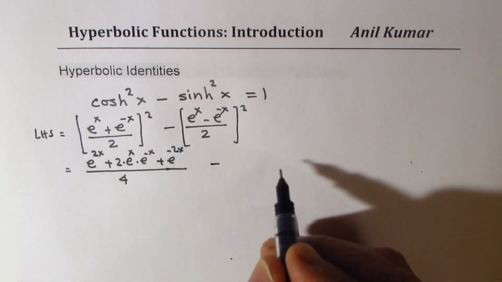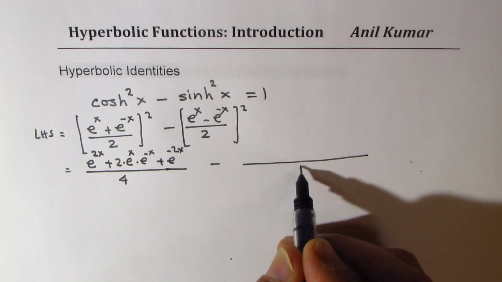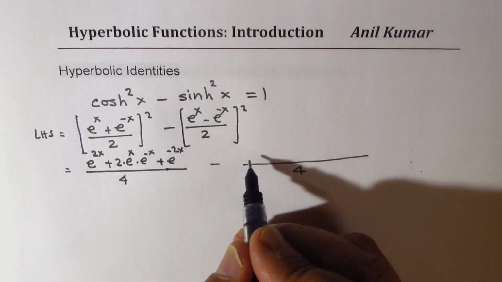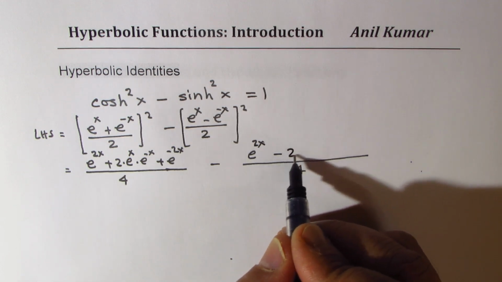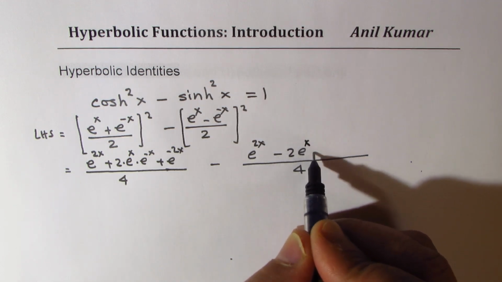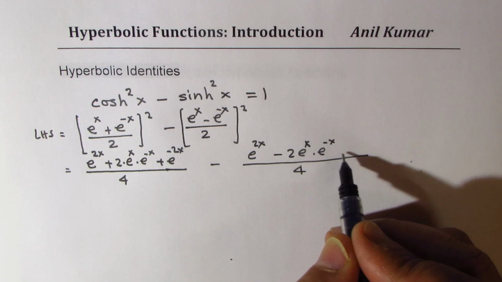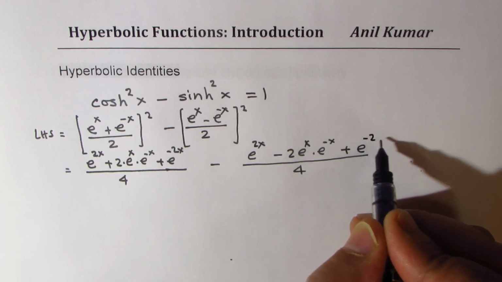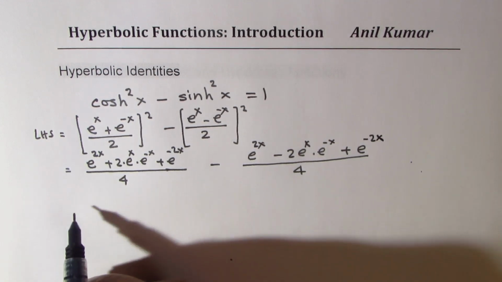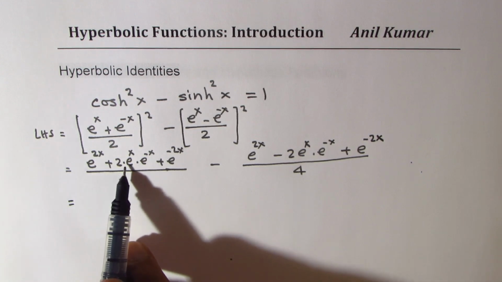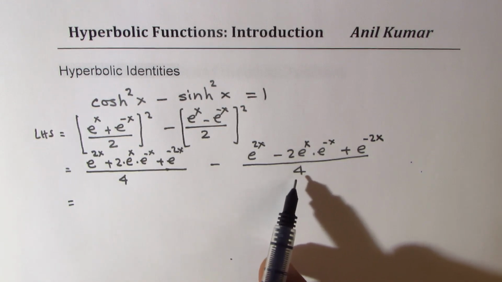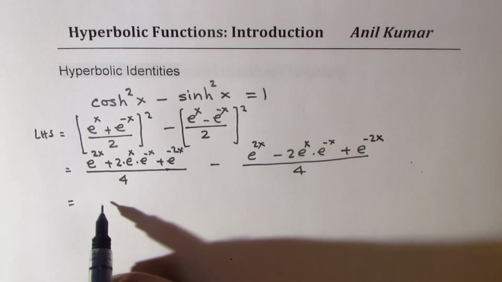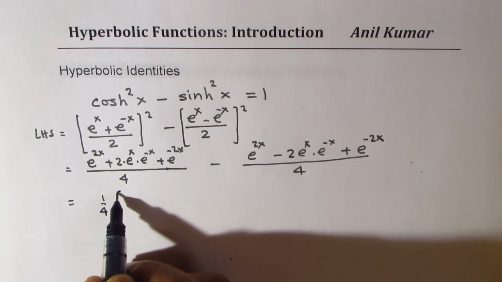And on this side, you get again 4 in the denominator, you get e to the power of 2x minus 2 times e to the power of x times e to the power of minus x plus e to the power of minus 2x, right? Now, the center term is just 2, correct? So, taking common denominator as 4, we get 1/4 of what?